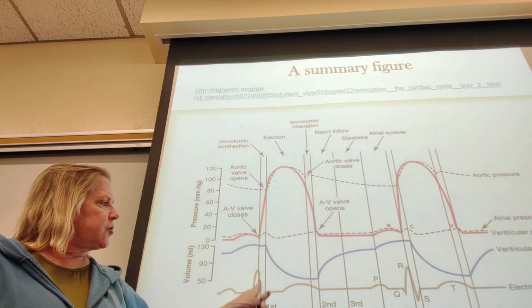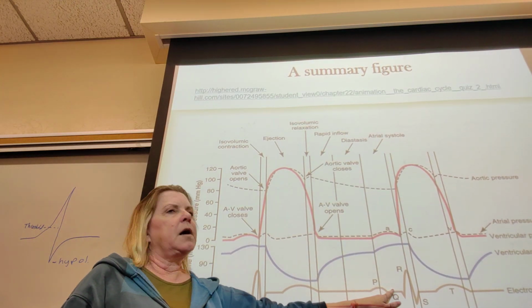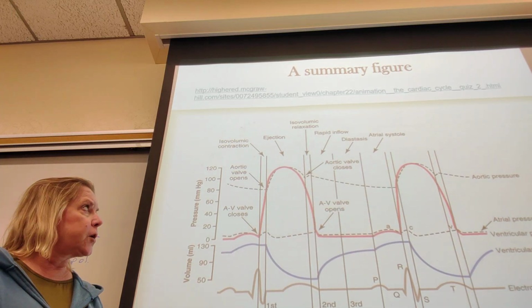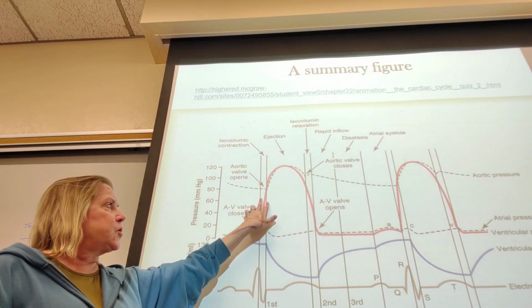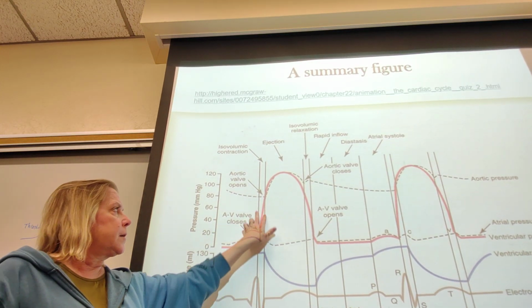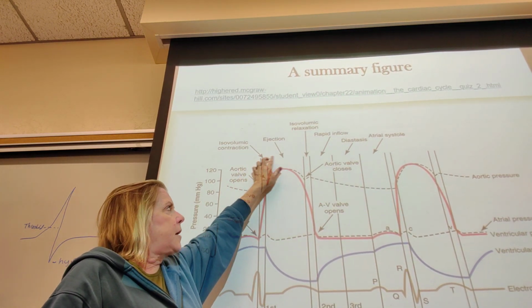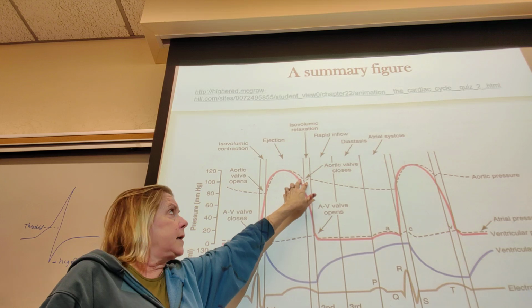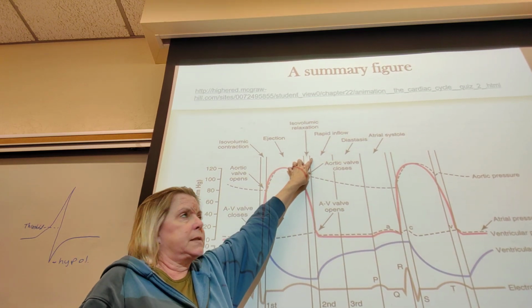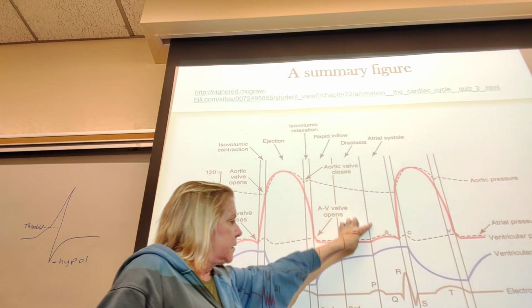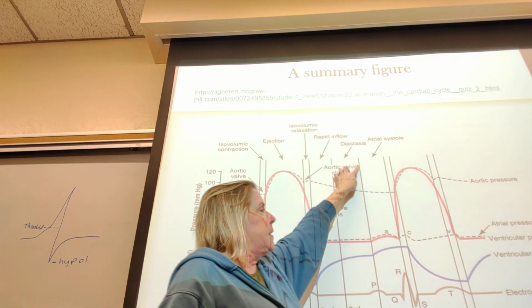And the part here shown in kind of the brown color are the events of the EKG. In your homework packet, these 2 lines here are labeled A and B. The next 2 very close parallel lines are labeled C and D. And then over here, this line is labeled E.